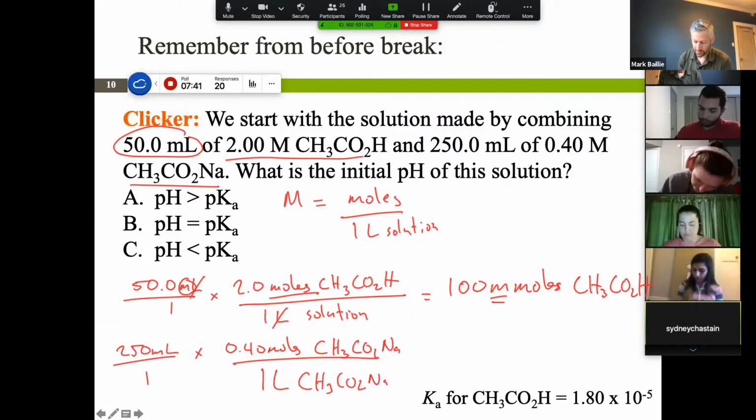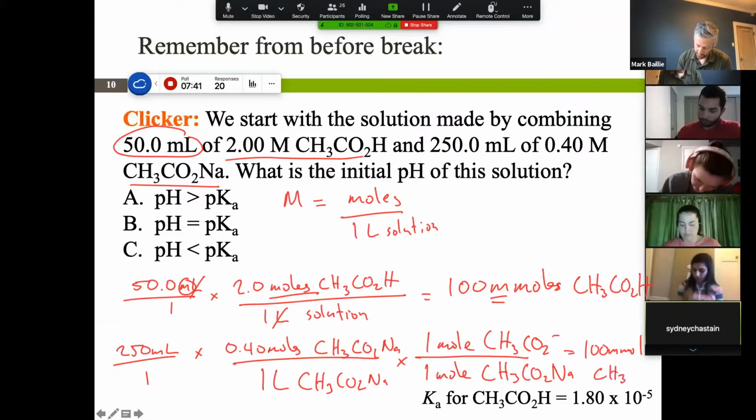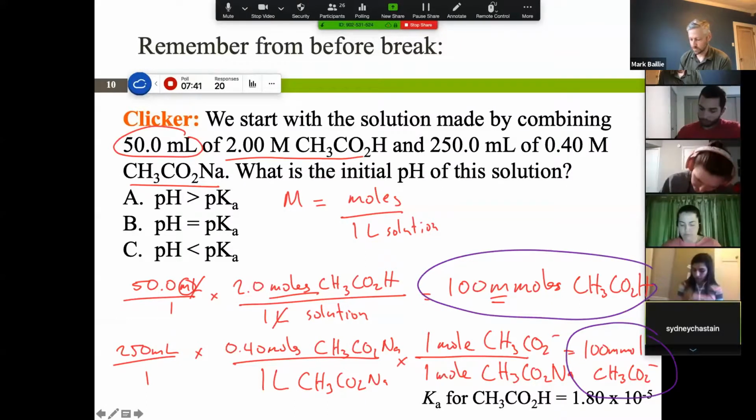And then one step that maybe not everyone put in there was that for every 1 mole of sodium acetate, it releases 1 mole of acetate ions in solution. The end result is that we have a solution, a conjugate acid-base pair, where we have the same number of moles of each, which is why I think everyone selected pH equals pKa.